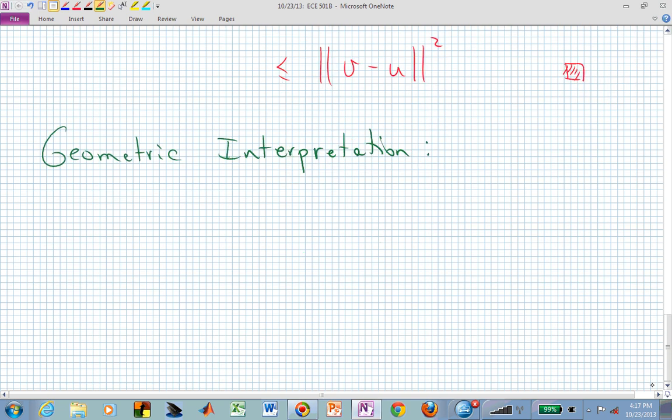And since this is a tablet that I'm sketching on, I'll just make this two-dimensional. So now suppose that V is R2.